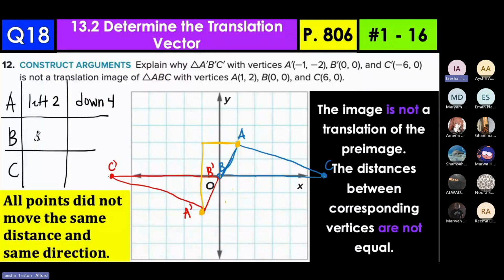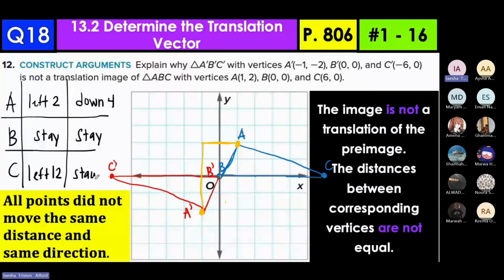B is a stay. Both stayed. It didn't move at all. And C went left 12, and stay.